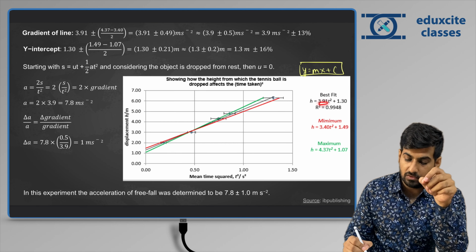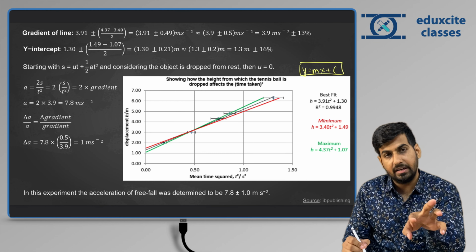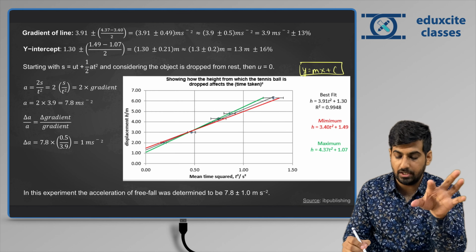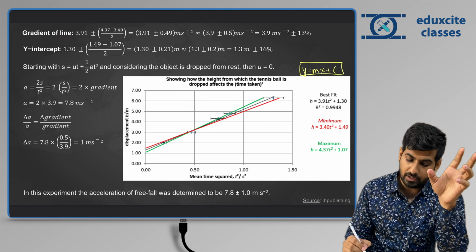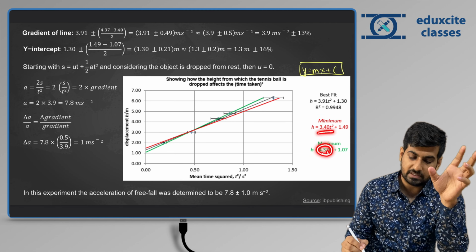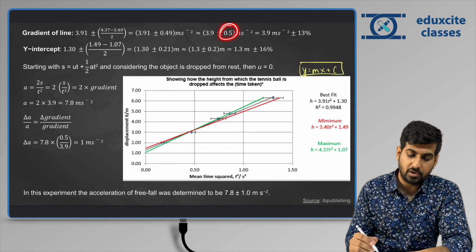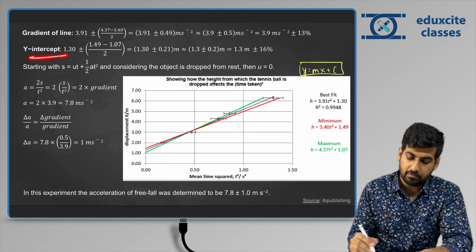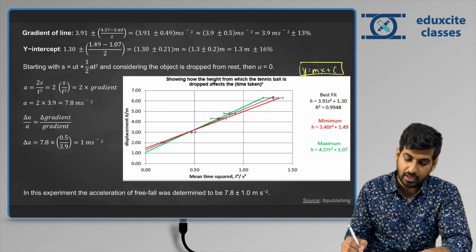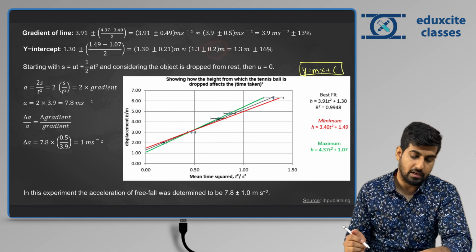So the best-fit values are your average values, and for the uncertainty you have to use the minimum and maximum. The gradient we have already done: 4.37 minus 3.4 divided by 2, rounding to 0.5, or you can convert it into percentage if you wish. For the y-intercept, 1.3, the maximum minus minimum, 1.49 minus 1.07 divided by 2, gives this value.